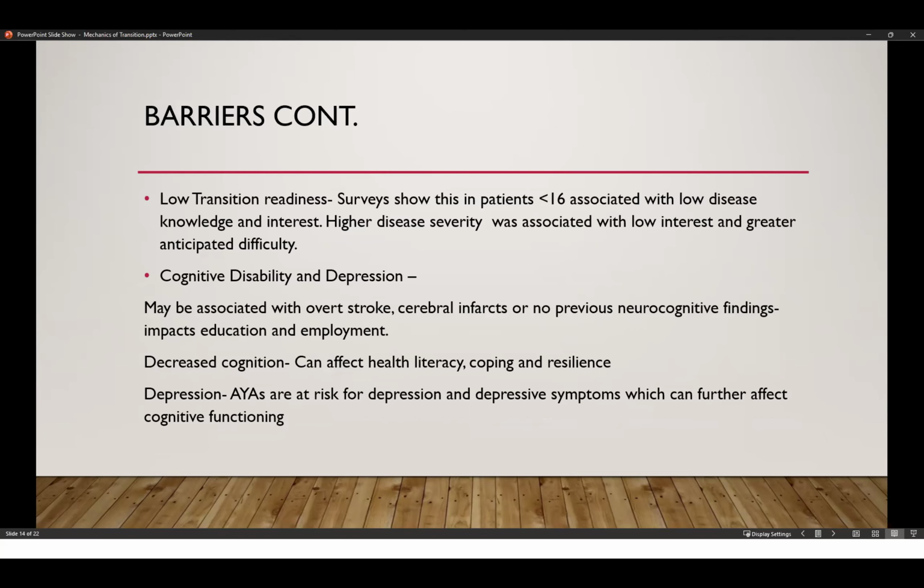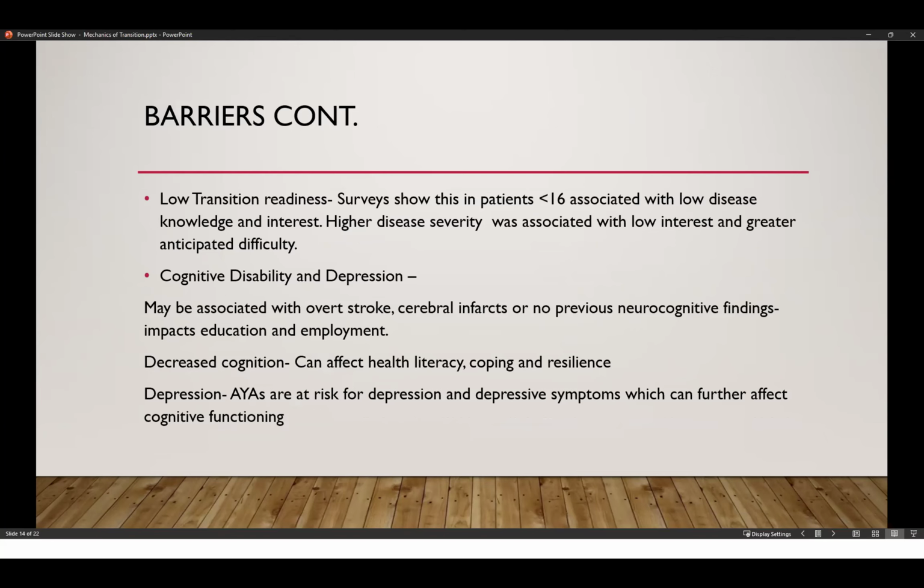And then continuing, so low transition readiness is another barrier. And this has been shown in surveys where kids younger than 16 years old have been shown to have low disease knowledge and interest, and they have higher disease severity, which is associated with low interest and greater anticipated difficulty.